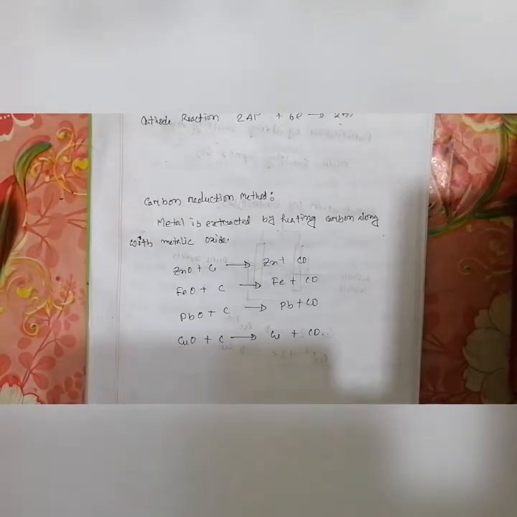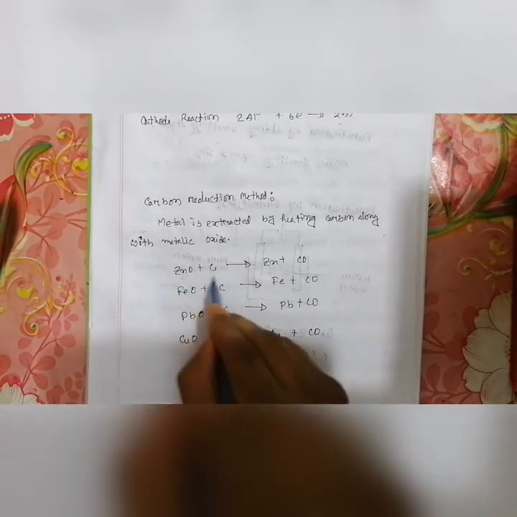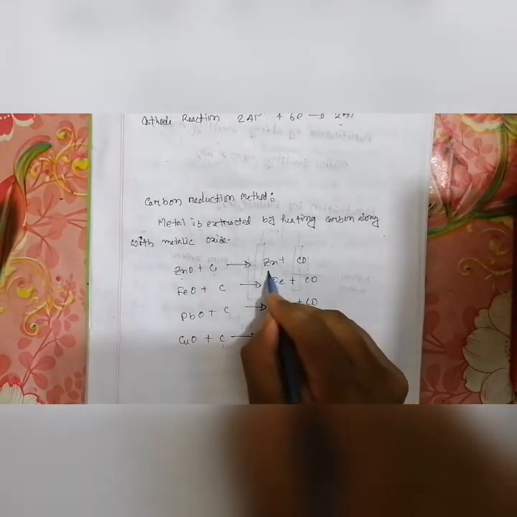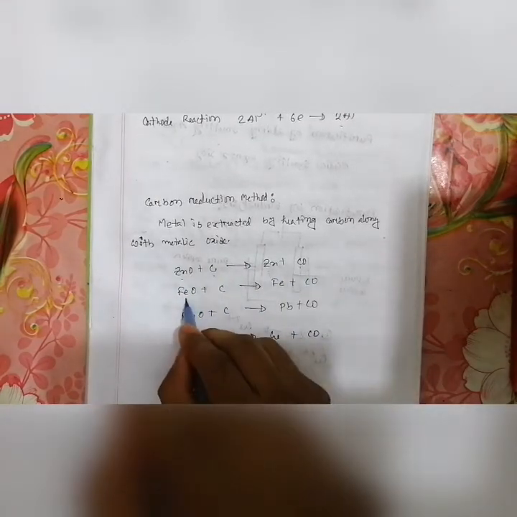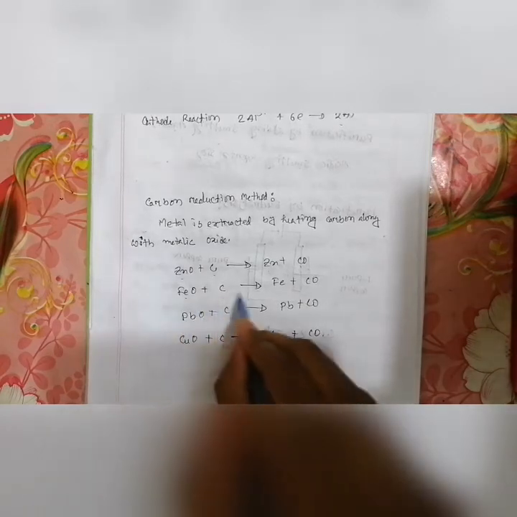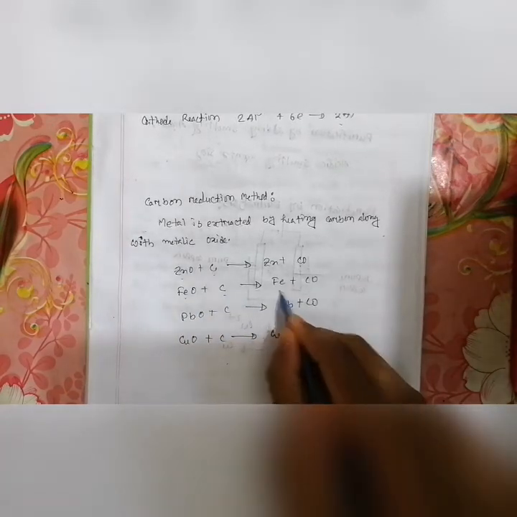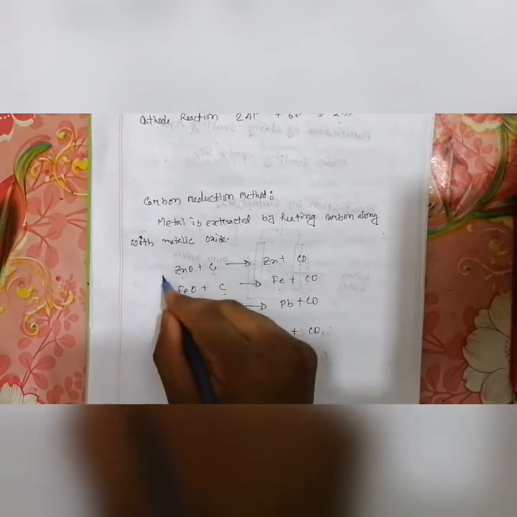Then we discuss the carbon reduction method. Metal is extracted by heating carbon along with metallic oxide. For example, zinc from zinc oxide, iron from iron oxide, lead from lead oxide, copper from copper oxide are extracted this way. Here, zinc oxide reacts with carbon and produces zinc and carbon monoxide. Ferrous oxide reacts with carbon and produces iron and carbon monoxide.